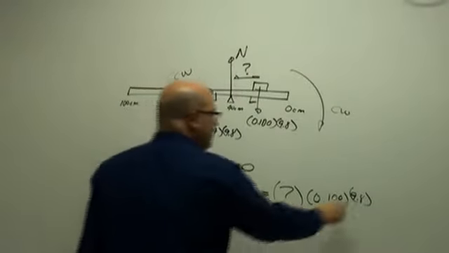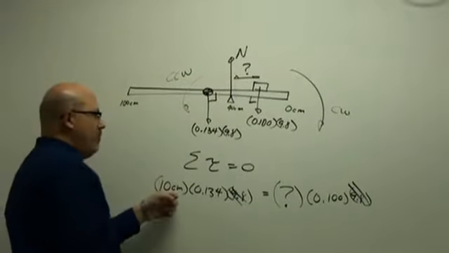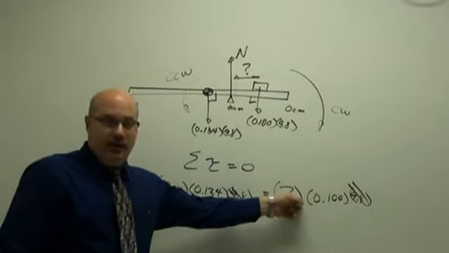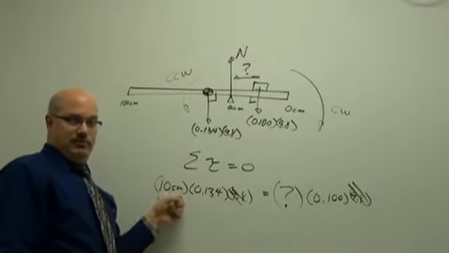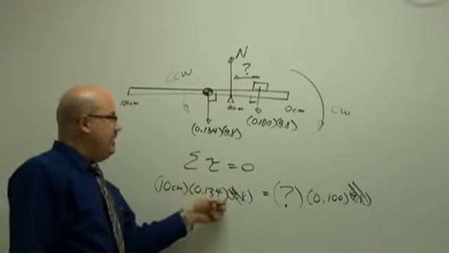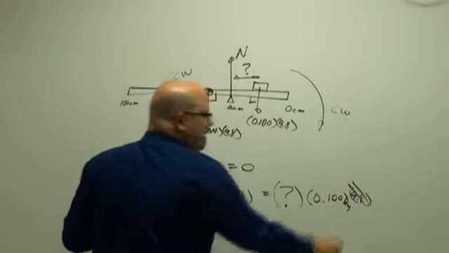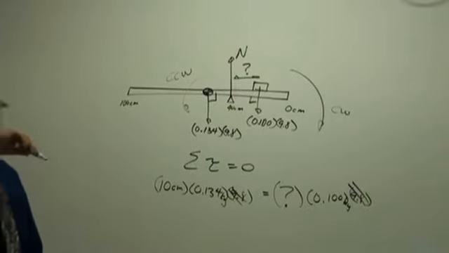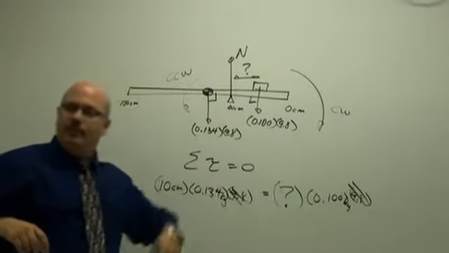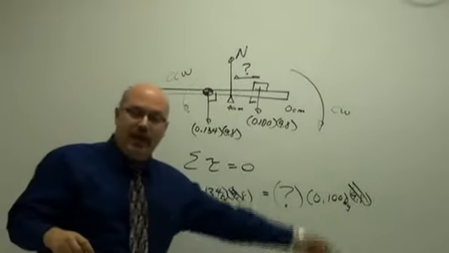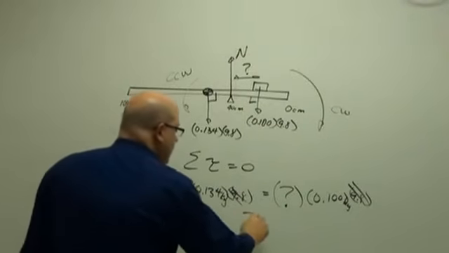So my 9.8 disappears. And notice that my answer is going to end up in centimeters, right? Hey, did I even need to worry about putting it in kilograms? I could have left it as grams and grams, right? And we'd have been okay because the grams would have canceled. All right, so what do I get for question mark?